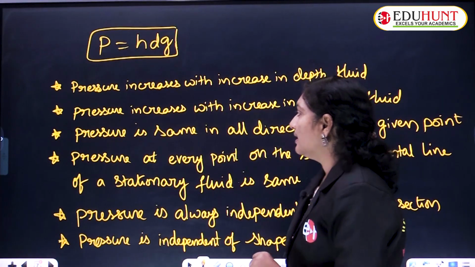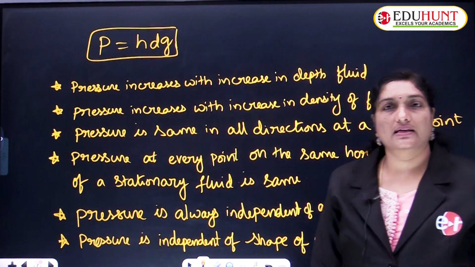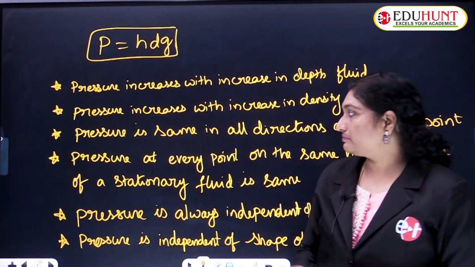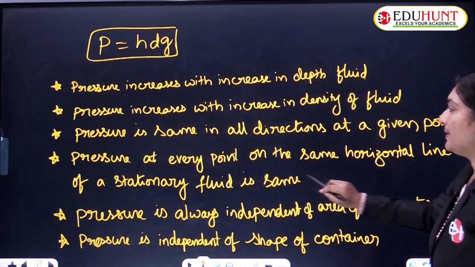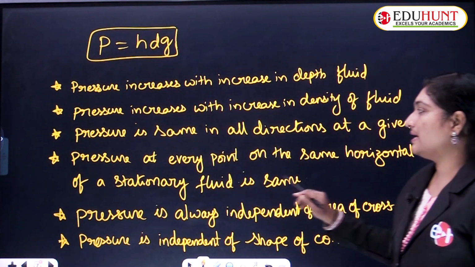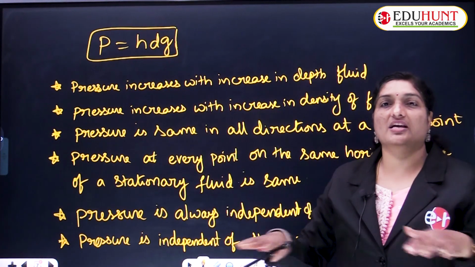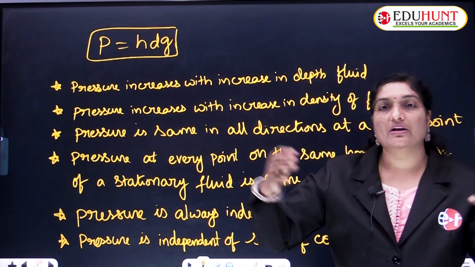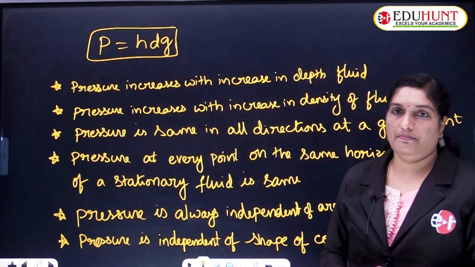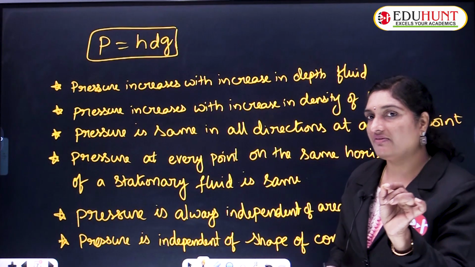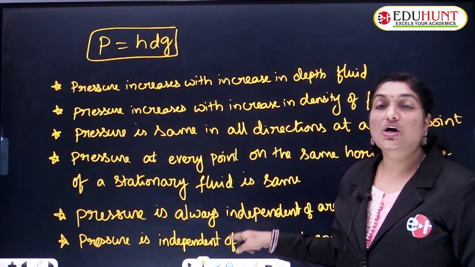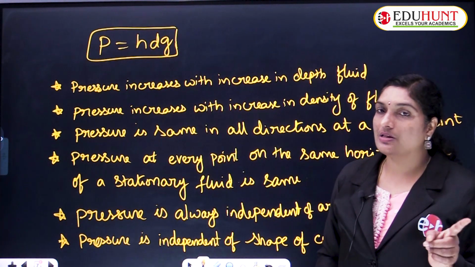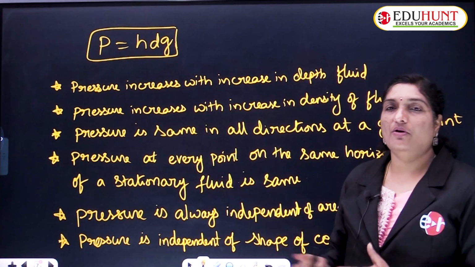Pressure at every point on the same horizontal line will be same for a stationary fluid. At a given point, pressure exerting in all directions will be same. Pressure is independent of area of cross section, and also independent of shape of the container.